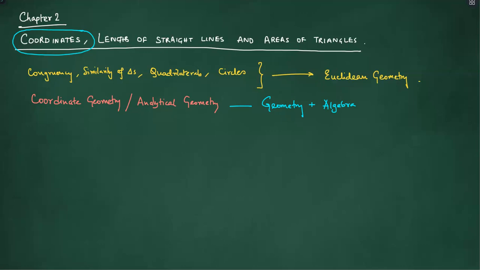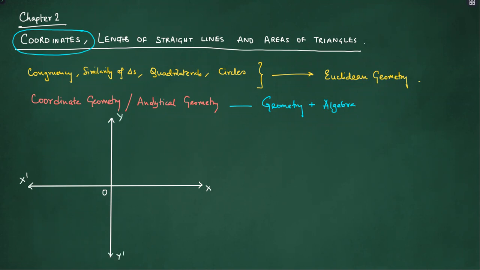You must have seen your x-axis and y-axis in this manner. You have an x-axis and a y-axis like this, and you write the origin, this is x, this is x bar, this is y, and this is y bar.